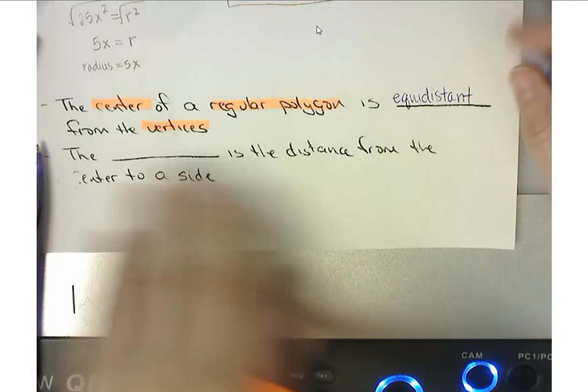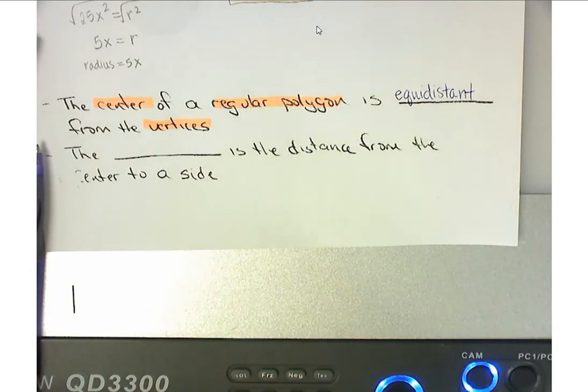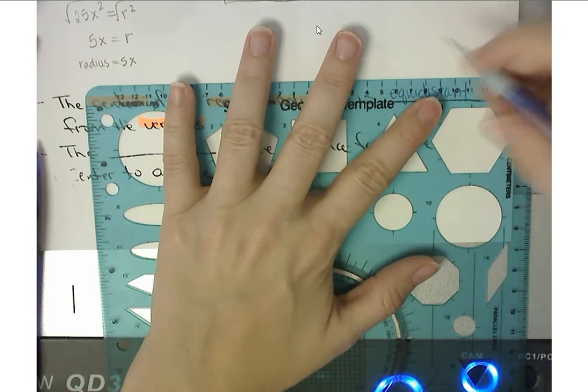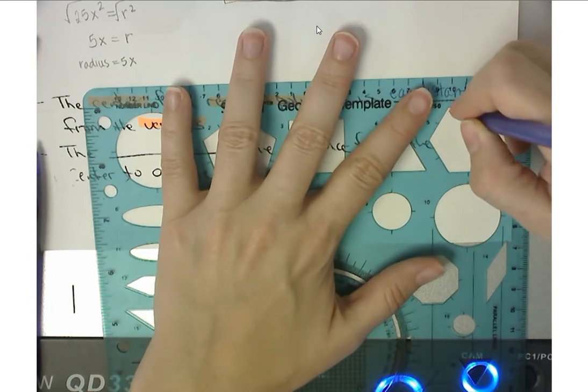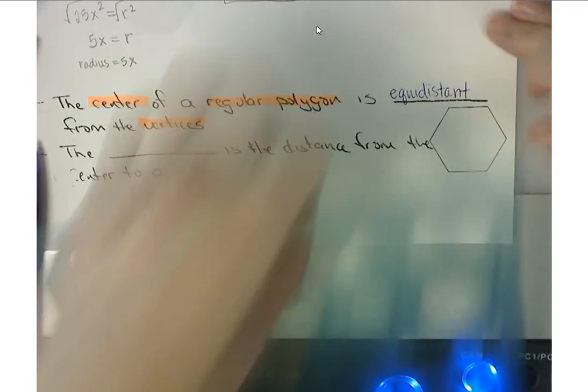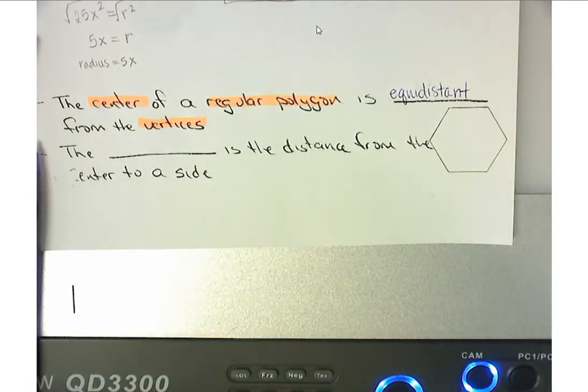Can you guys draw a hexagon with me? Oh, I think I have one on my template. So a hexagon has how many sides? 6. Oh, what a lovely hexagon.